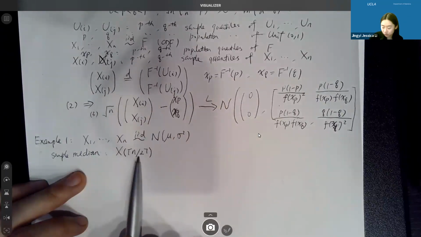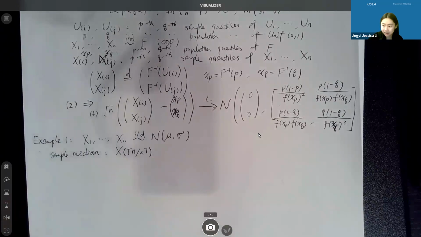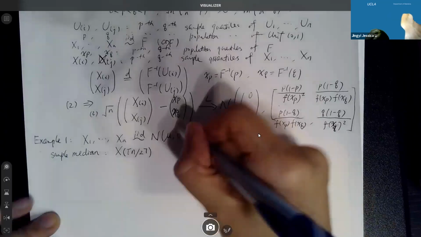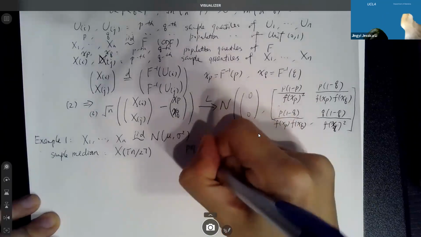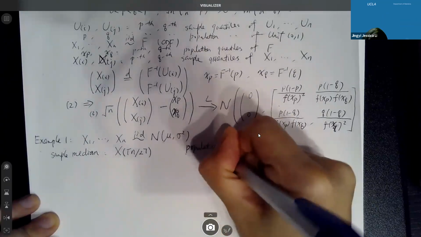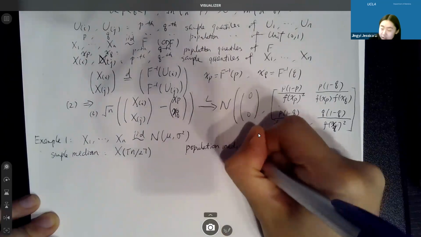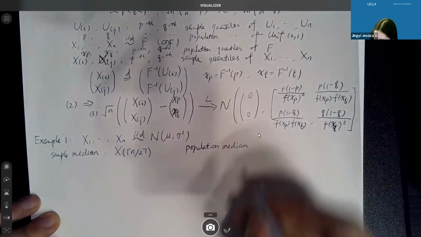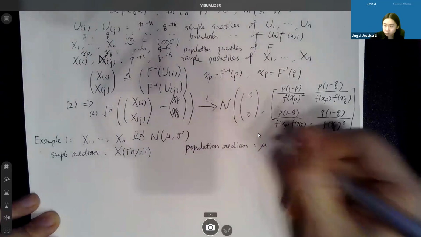If it's not an integer, we just round it up to get a ceiling integer. So that's our sample median. And what's the population median? This should be obvious to us, right? For a normal distribution, which is symmetric, the population median is just mu.